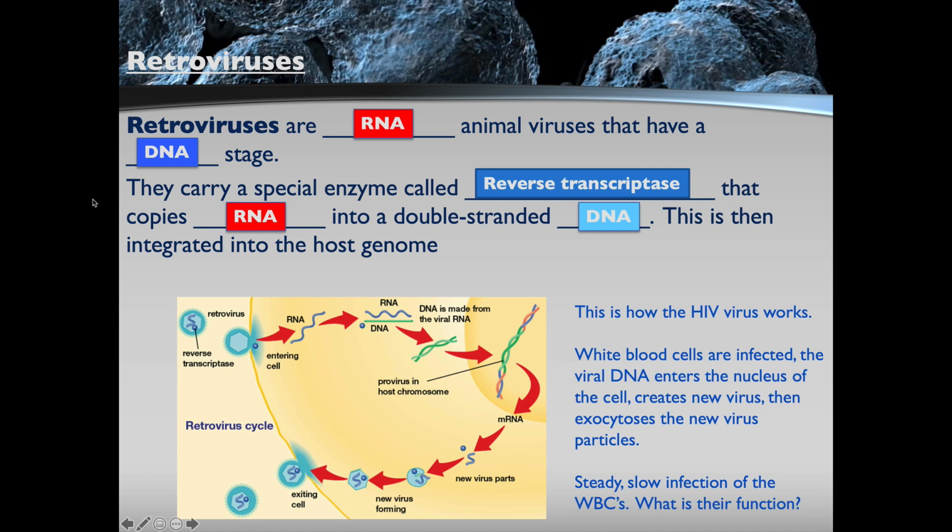Let's take a look at how a cell gets infected with a retrovirus. Here's your viral particle with reverse transcriptase on the inside, and this genetic content on the inside is RNA. As it enters the cell, the RNA gets released. That RNA will be copied into DNA using reverse transcriptase as an enzyme. The DNA will then insert itself into the host DNA as a provirus.